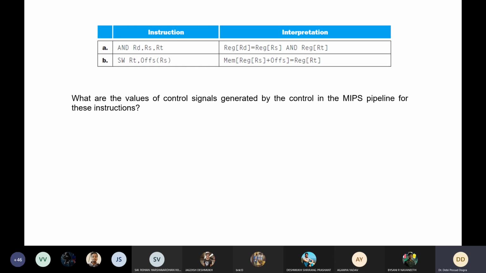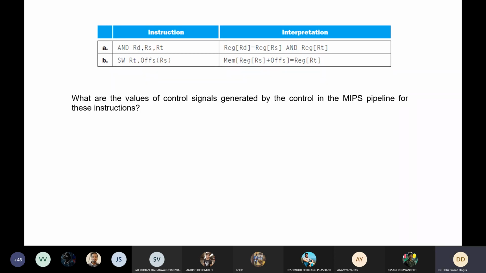Now your task is, what are the values of the control signals generated by the control unit in the MIPS pipeline for these instructions? That you will have to write, and the control signals should be written in order.